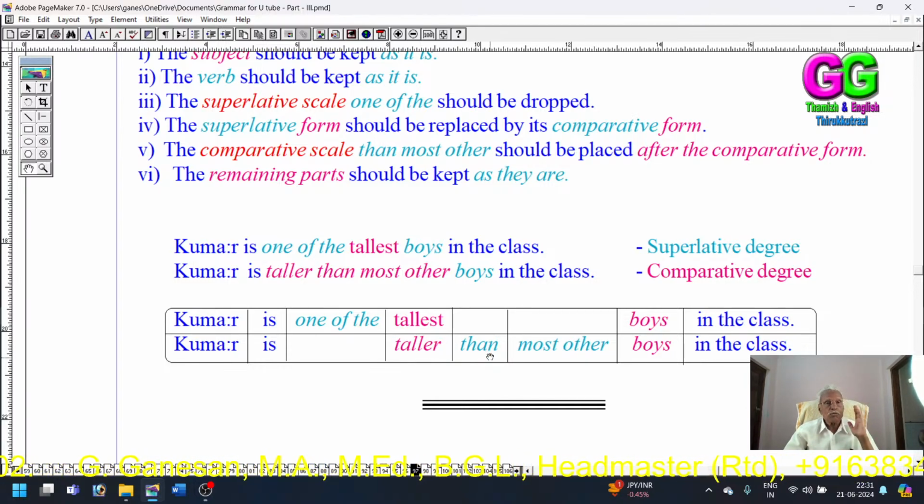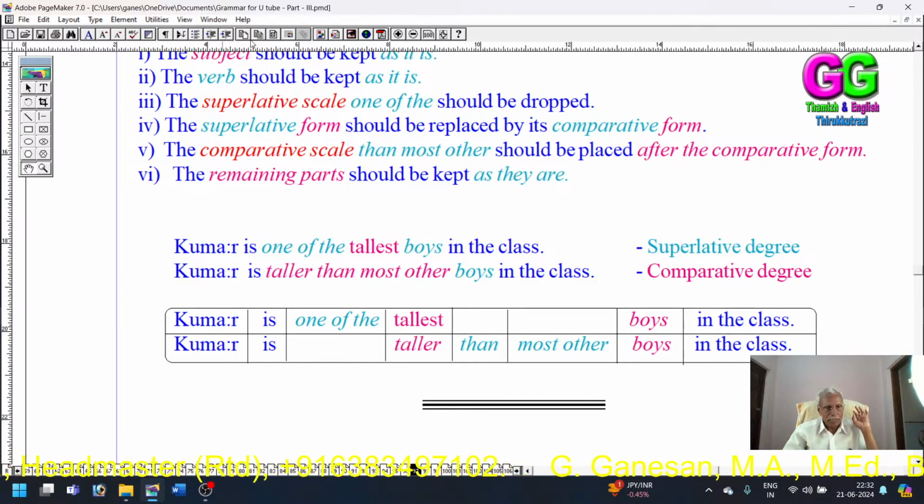Fourthly, the comparative scale than is used, and after that, most of the should be used. The two words, most of the, are very important. Then the remaining complements of the superlative form should be kept as they are.